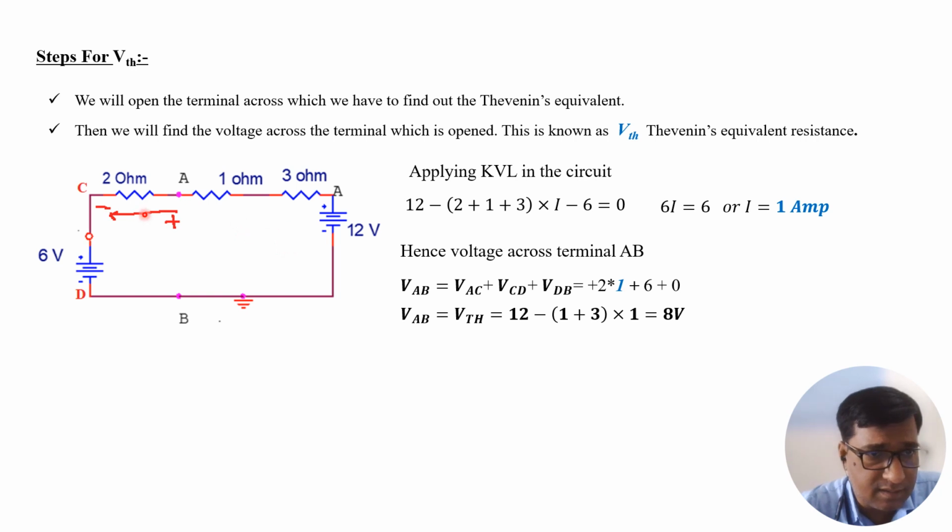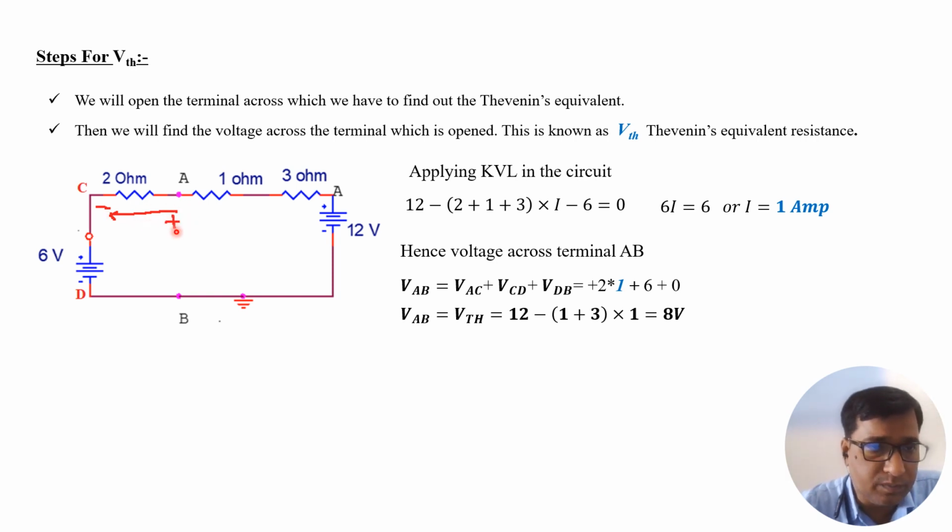As the current is going this way, the current arrow is positive, and the voltage is here, because the resistor is a passive element and energy will be dissipated. The direction of the voltage and current will be different here. If the current is going this way, the positive terminal will be here.